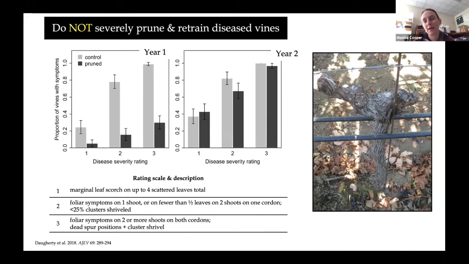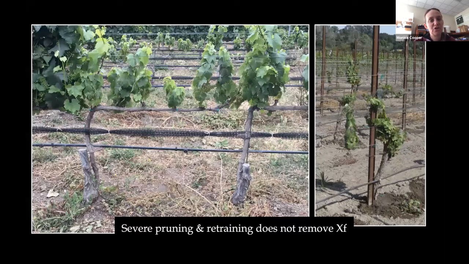So the best strategy is just to get them out of the vineyard when you can. Here's another example. You can see in the background the normally growing vines, but in the foreground, these are vines still affected with Pierce's disease that will not recover. A similar strategy here, where they tried to lop off the cordons and retrain them, and those vines are still stunted.